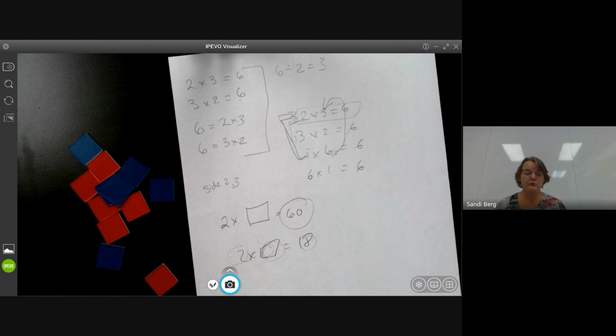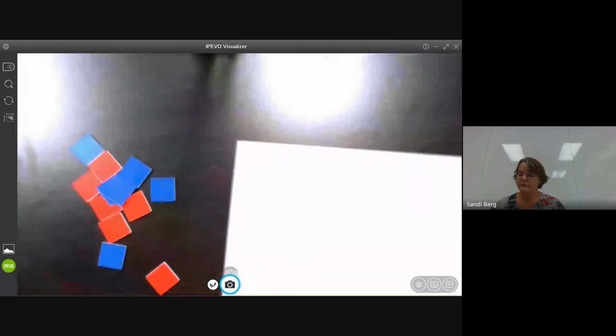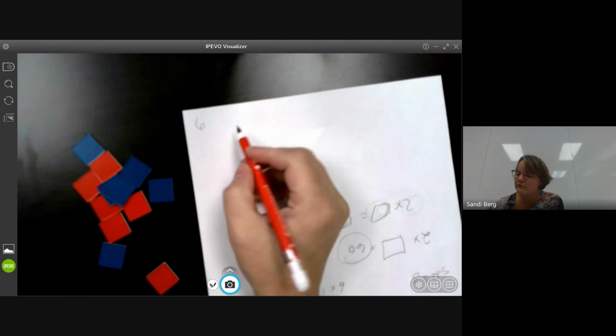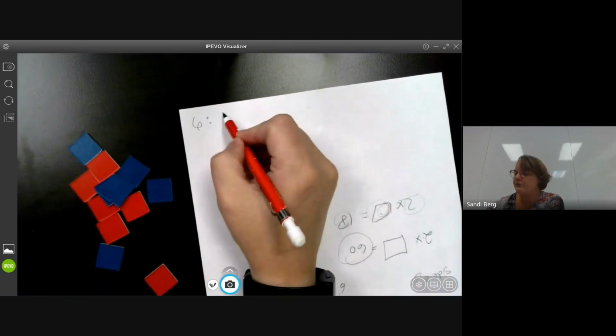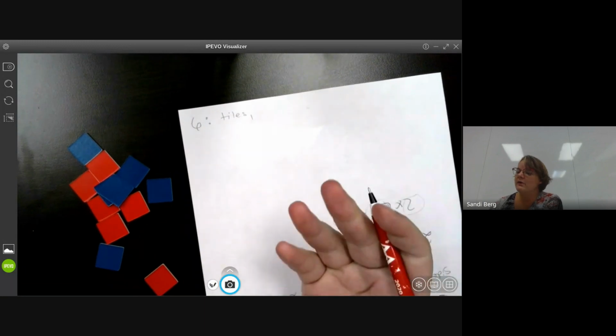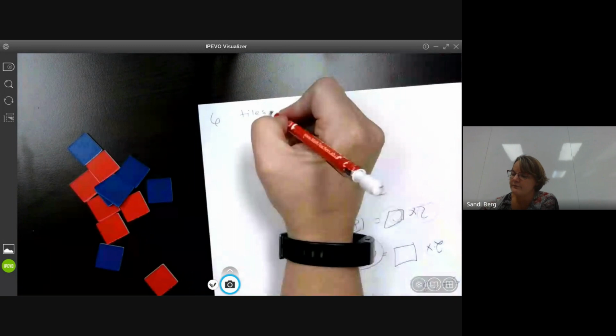I'm going to introduce vocabulary: factors. So then on the board, and I've got a PowerPoint or a slideshow for this, I can say, well, with 6 tiles, what were our dimensions, our side lengths of the tiles?